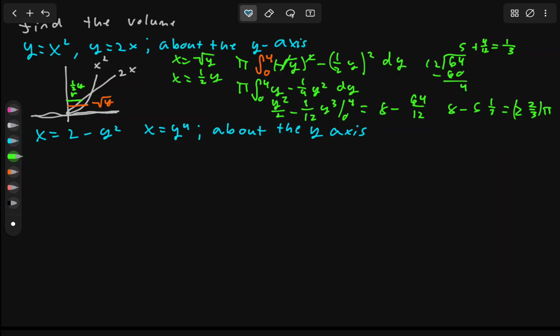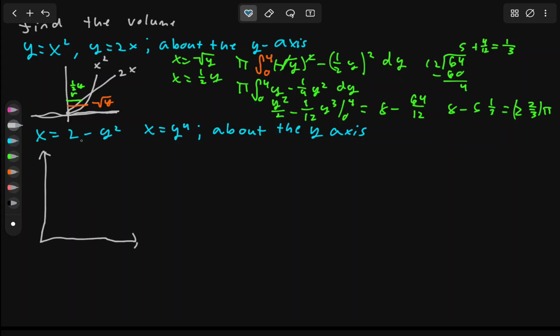For these next two equations, they're already given to us in the form x is equal to y. So all we have to do here is solve for where they're equal to each other and then integrate. So, well, first I suppose I do want a graph. Let's see.